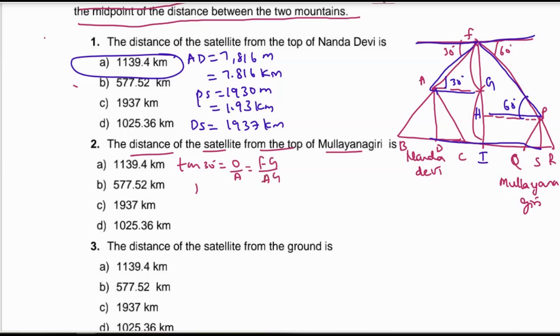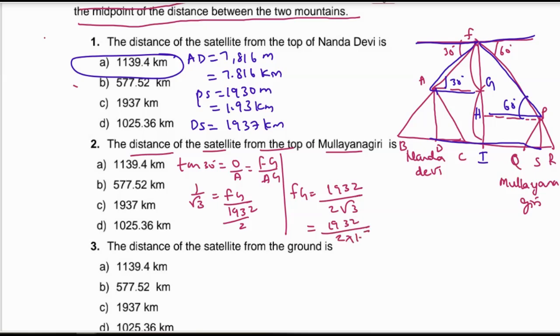Now tan 30 is 1 by root 3, and AG is 1932 divided by 2. If you do cross multiplication, FG will be 1932 divided by 2 root 3. You can take 2 root 3 as 2 into 1.7, so that will be 1932 divided by 3.4.